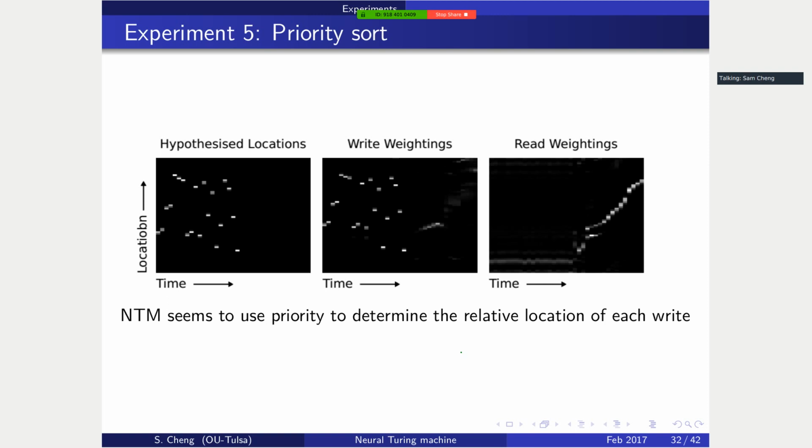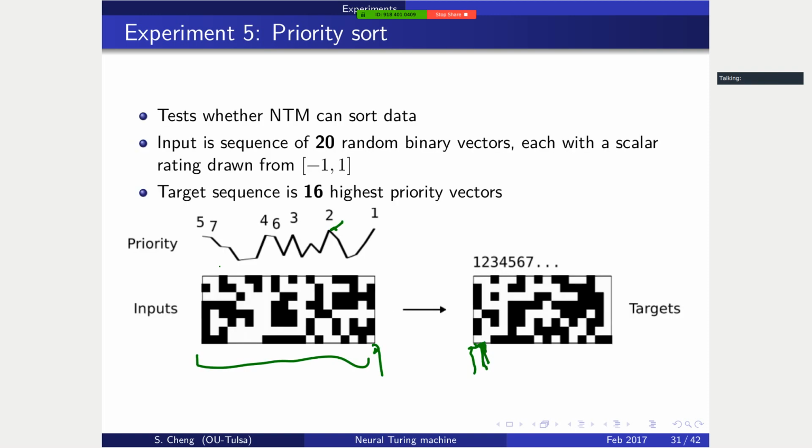Okay, again, this is the weight diagram. I should also say this is the weight vector as it goes along with time. By the way, I should mention this priority is not indicated here.